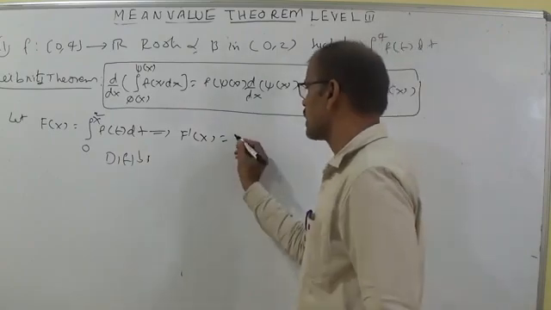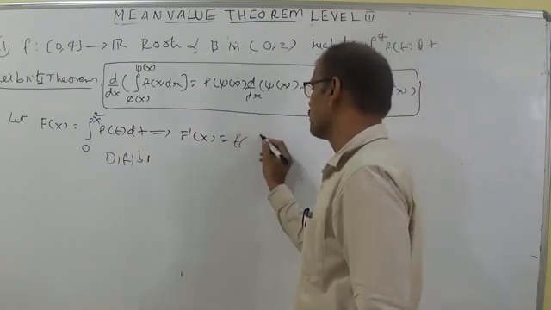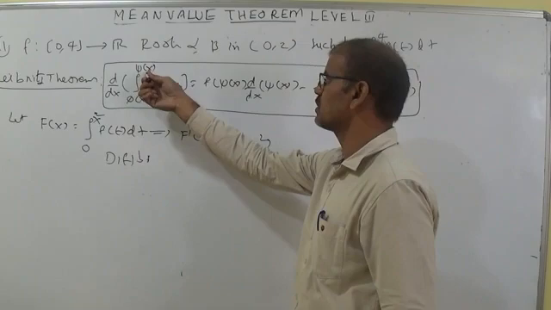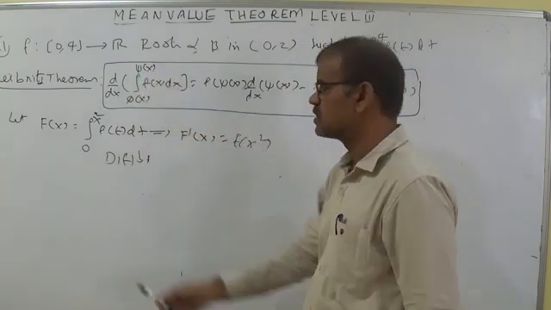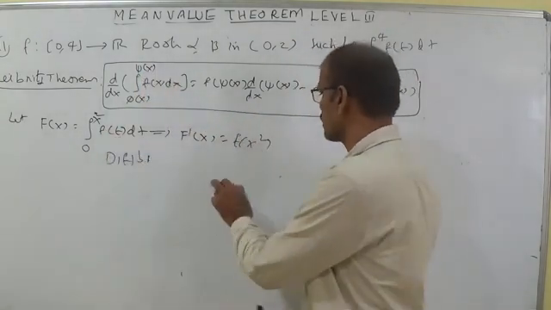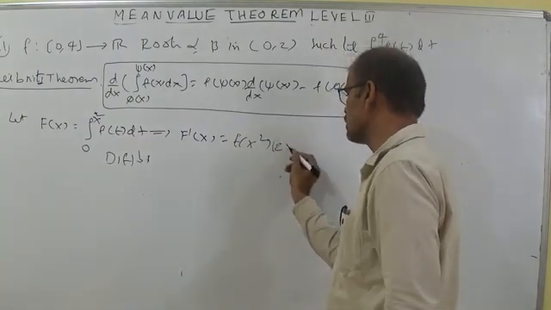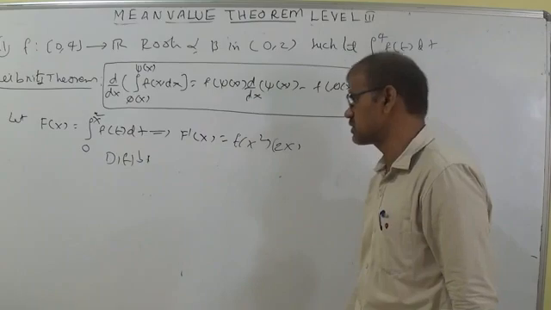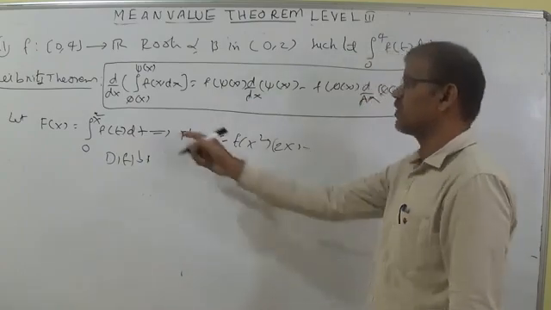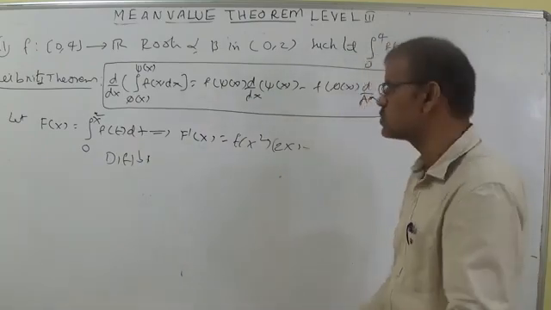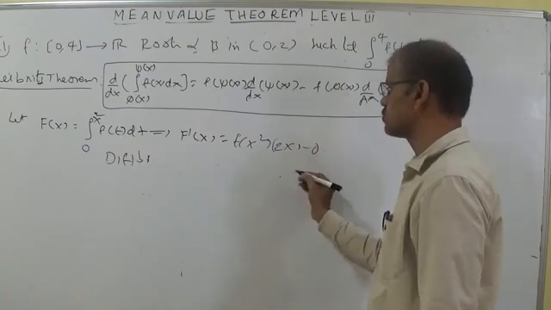You should try to understand that you write here f of x square. Whatever the value is there, you substitute: small f of x square into the internal derivative, that is d by dx of psi of x, 2x, minus f of 0 into the internal derivative of 0, which becomes 0. That is why no need to write.